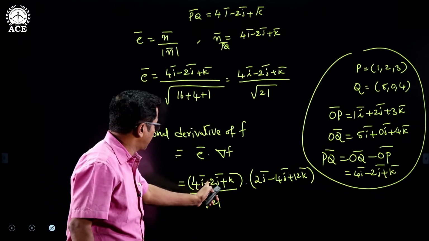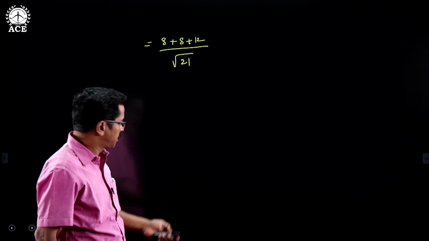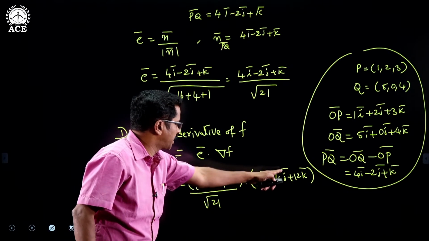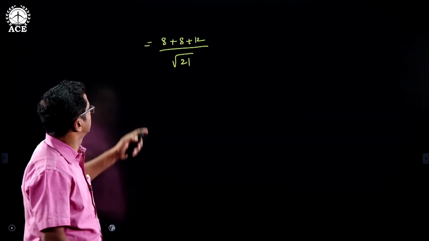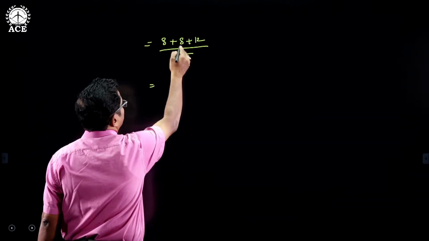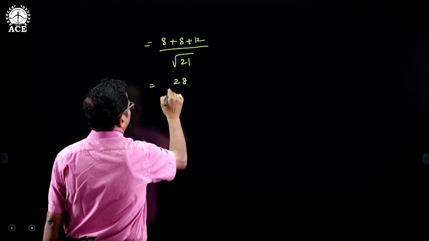Next, minus 2j bar dot minus 4j bar is going to be plus 8. Next, plus 1k bar dot 12k bar is going to be 12 by root of 21. So which equals 16 plus 12, that is 28 by root of 21.